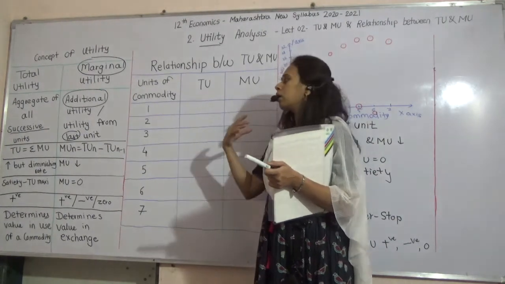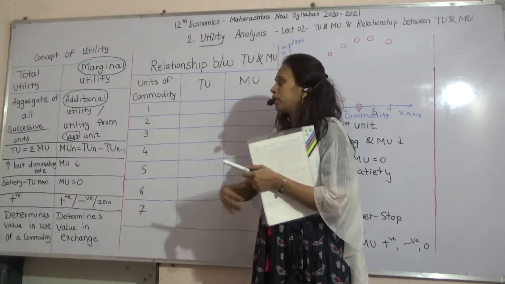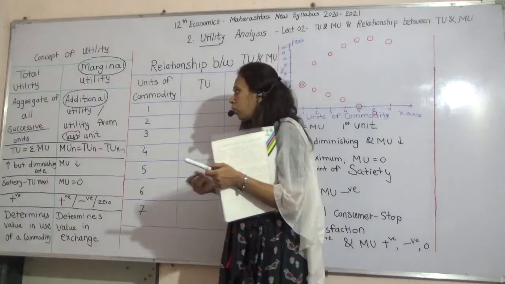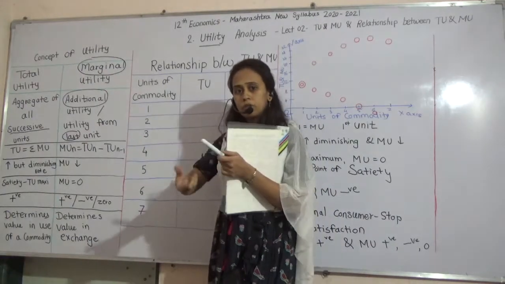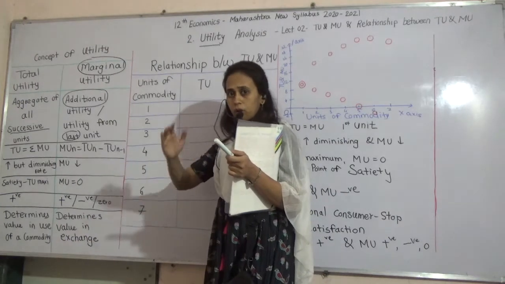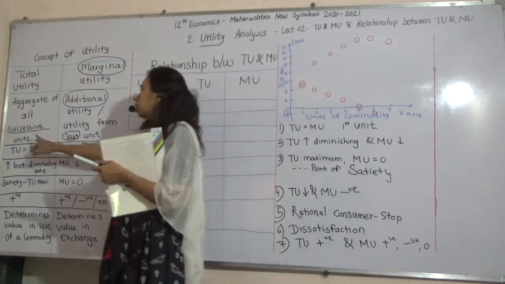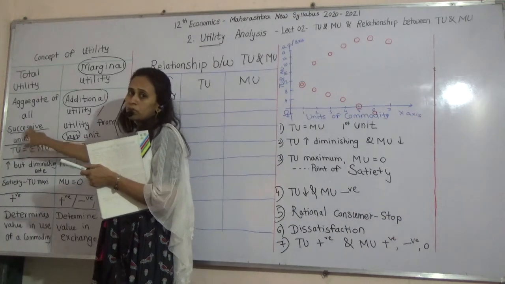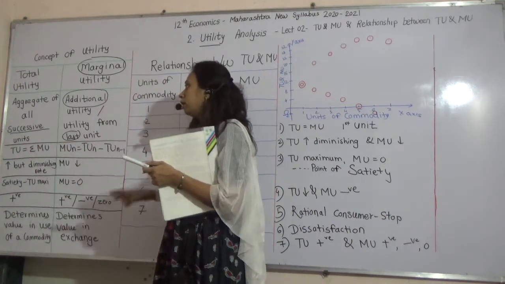Suppose I ask how many ice creams you can eat at a time. You finish the first, immediately you take the second cup, immediately the third cup, the fourth cup. So successive is very important. Successive means without gap, without time interval.